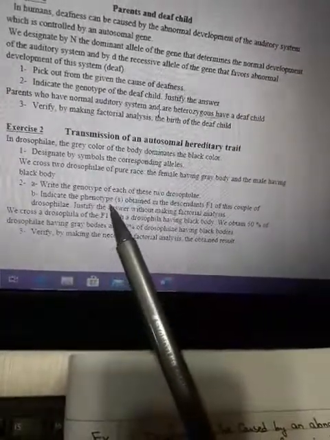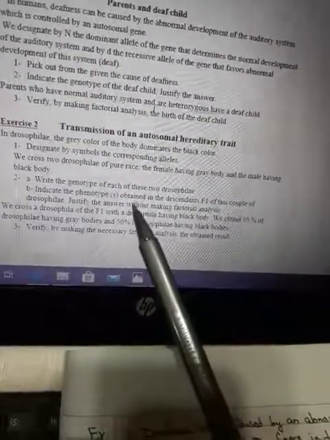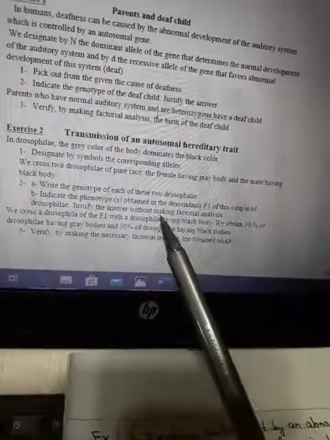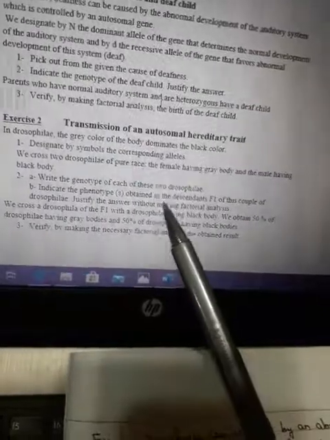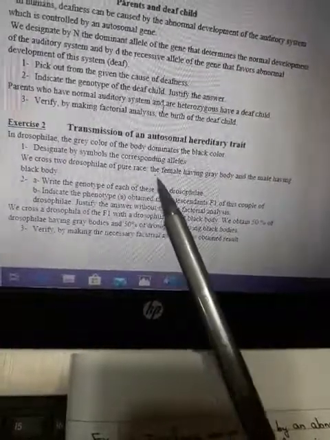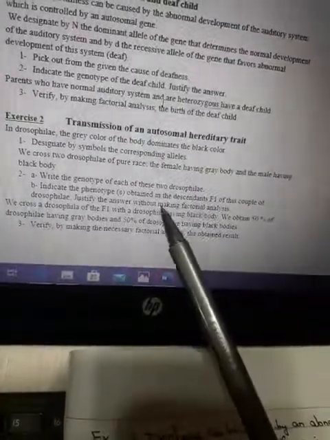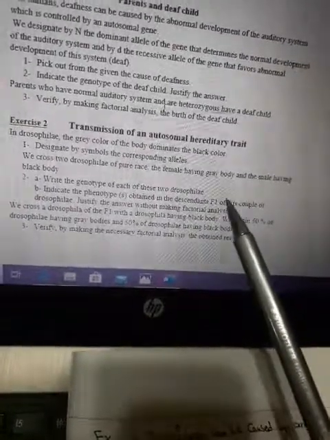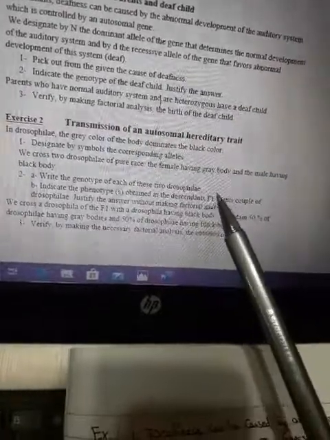Now indicate the phenotype or phenotypes obtained in F1 without making factorial analysis. Here you should go back to Mendel's law. If the parents are pure, then F1 will all be uniform hybrid.